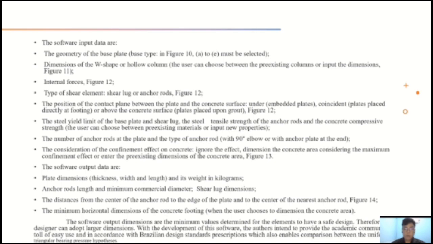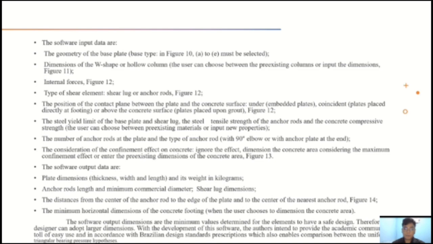The software output data are plate dimension, thickness, width and length, and its weight in kilograms. Anchor rods, length and minimum commercial diameter, shear lug dimensions. The distances from the center of the anchor rod to the edge of the plate and to the center of the nearest anchor rod, figure 14.